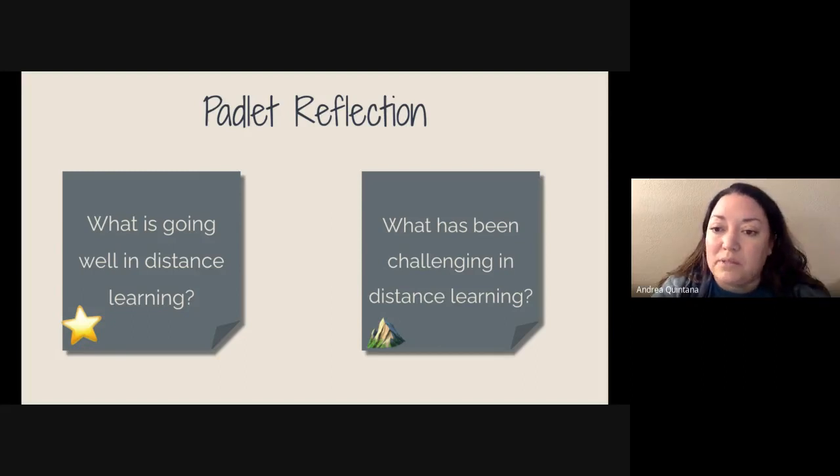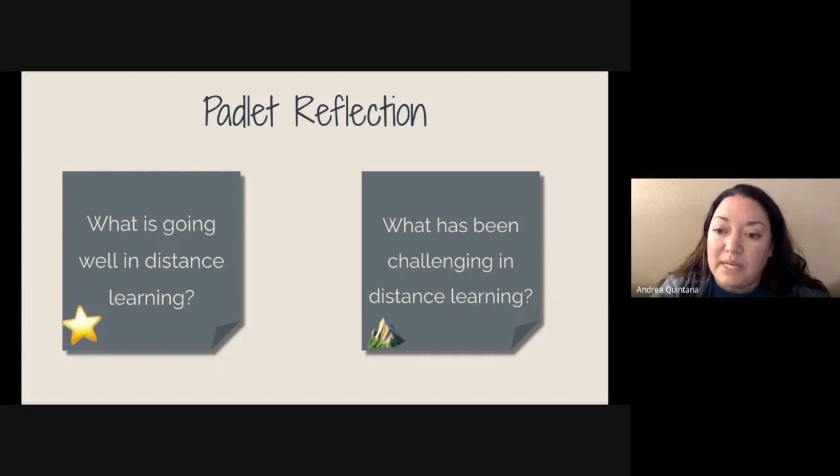You'll also see on there lots of ideas from other teachers who have had this same overview session. So you might also be able to gain some power in numbers as you see your colleagues have been sharing the same ideas. So again, we're going to build off of the ideas of what's going well, but we know that there have also been challenges in distance learning.